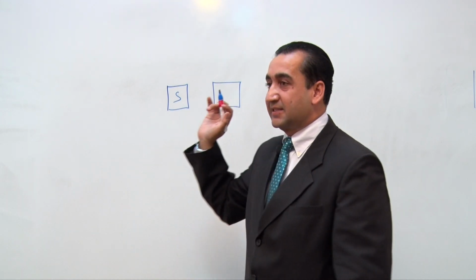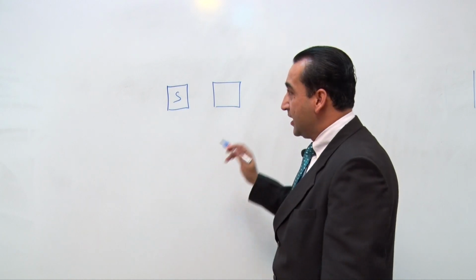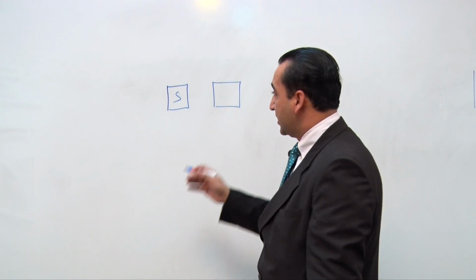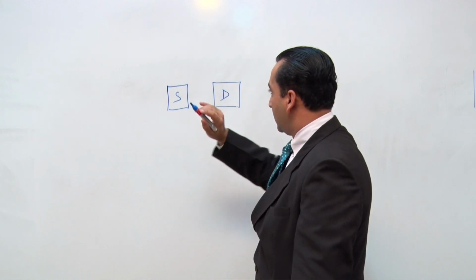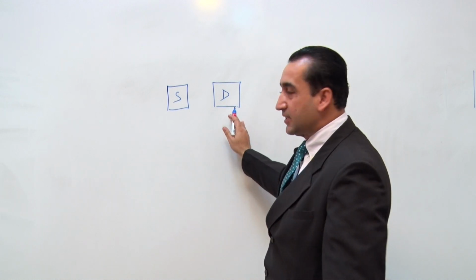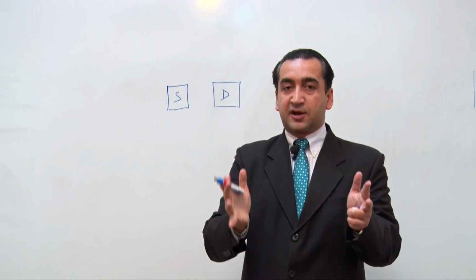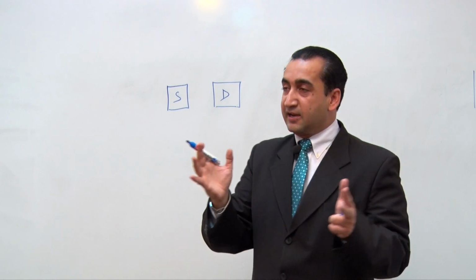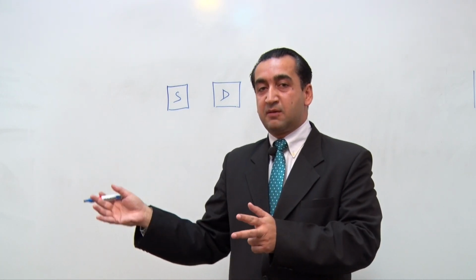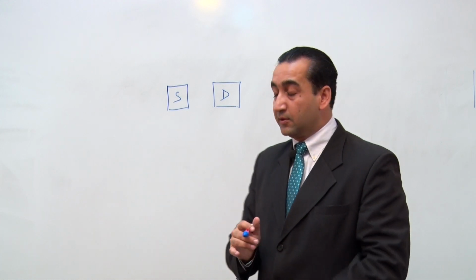Whereas the individuals, institutions and organizations running short of funds are known as deficits. So deficits are units currently short of funds, and surplus are units having more money than they need right now.